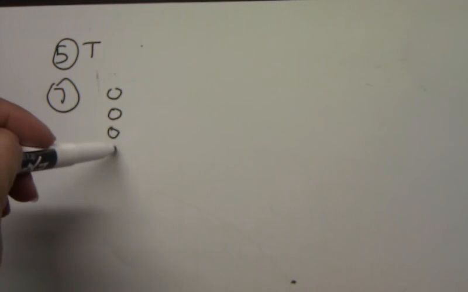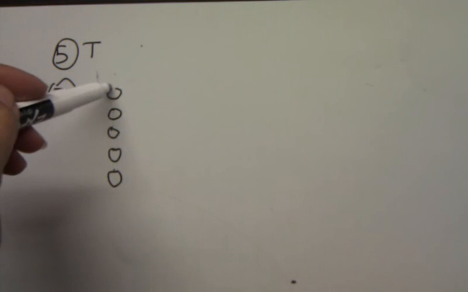Number 7 says, which of the following can be used as reasons in a 2-column proof? Let's see, there's 5 of them: 1, 2, 3, 4, 5.